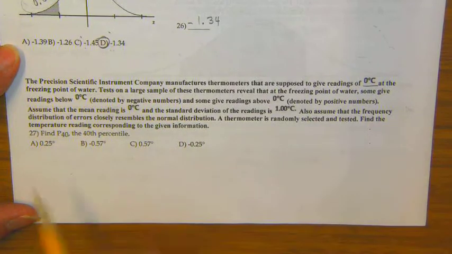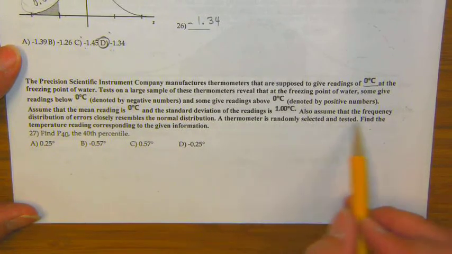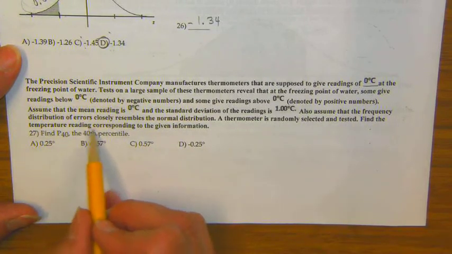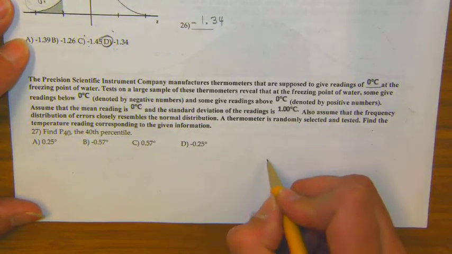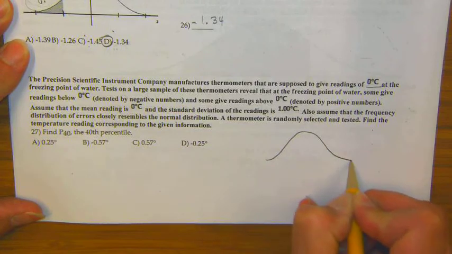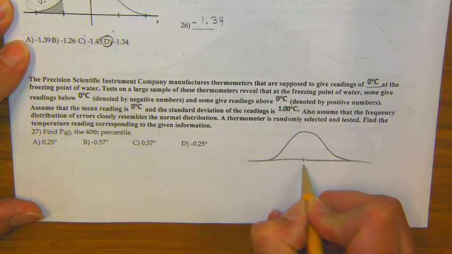Also assume that the frequency distribution of errors closely resembles the normal distribution. A thermometer is randomly selected and tested. Find the temperature reading corresponding to the given information. So find P40. So we have a standard normal distribution. Our mean is 0.